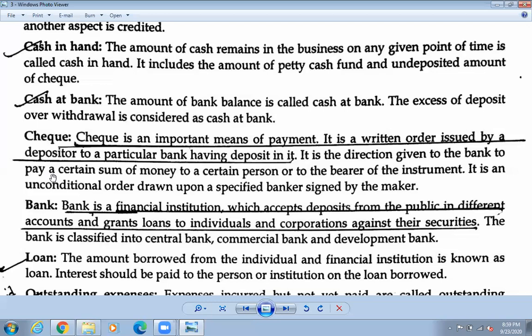But if it is 1 crore, then what will he do? If you do not write only, they can take more than that amount, so you need to write only at the last, 1 crore only. Why are they writing only? So that they couldn't write any other amount after that.